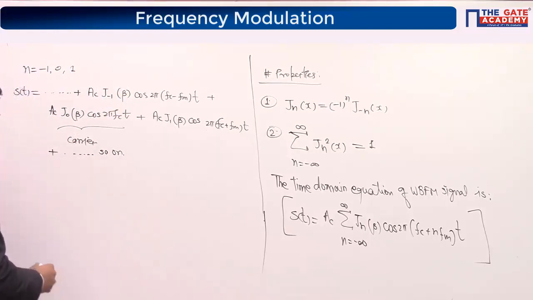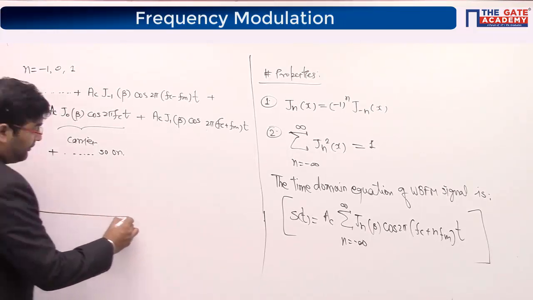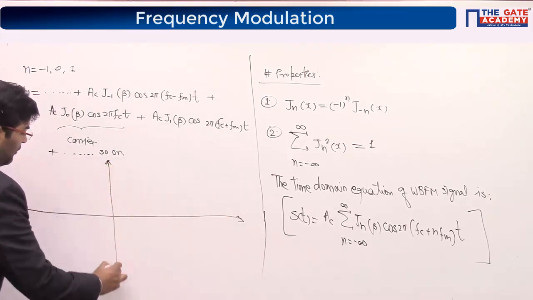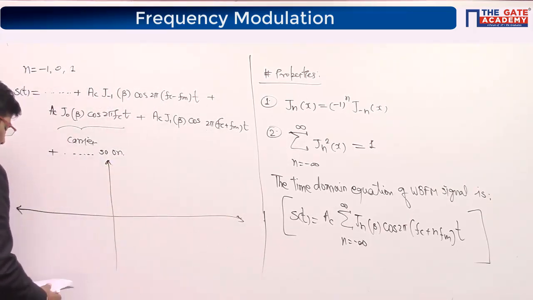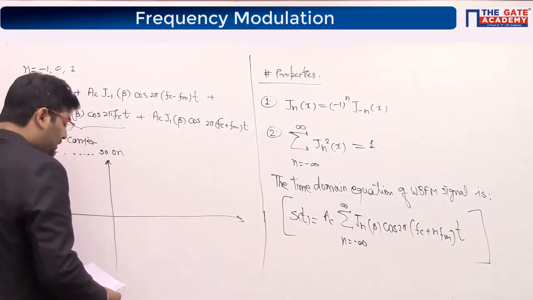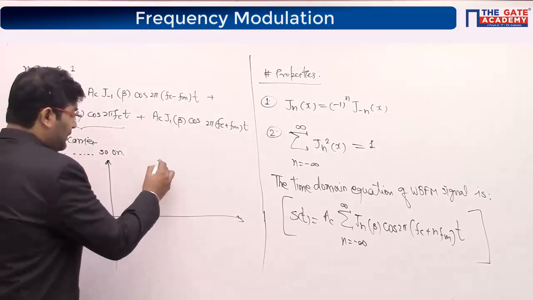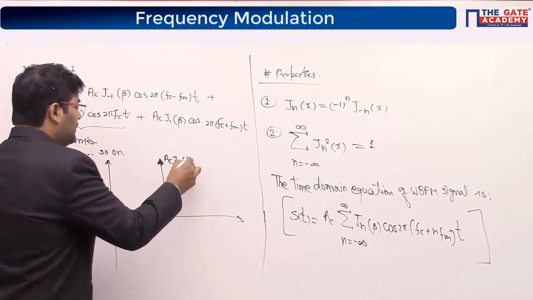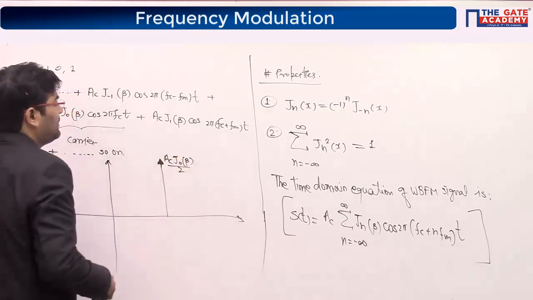If you have this and you want to draw the spectrum as well, how will it look? I will draw only positive frequencies for the sake of convenience. Because of this carrier frequency, you will get a term Ac J0 beta by 2. Yes or no, guys?